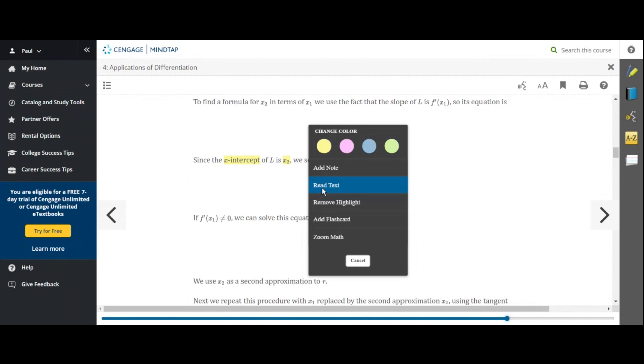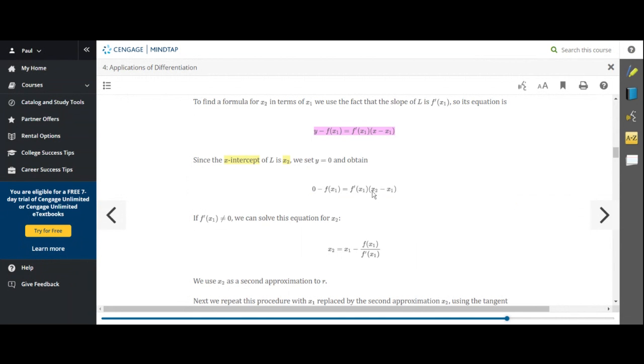So let me just, hold on. What I'm trying to say is, they won't let me just highlight, but hold on. All right, so how do they get the x2 there? They let y equal 0.